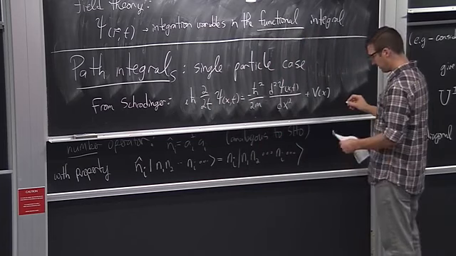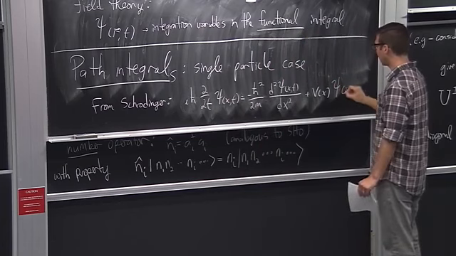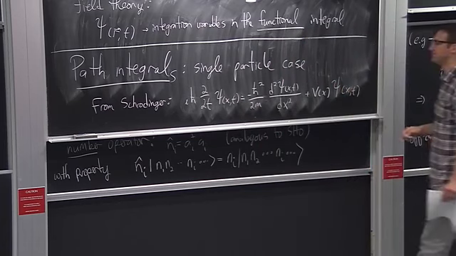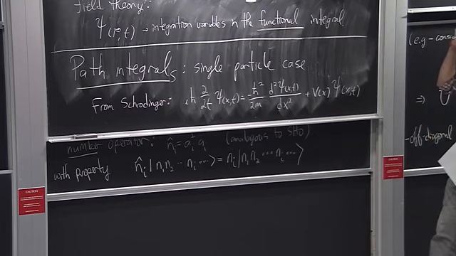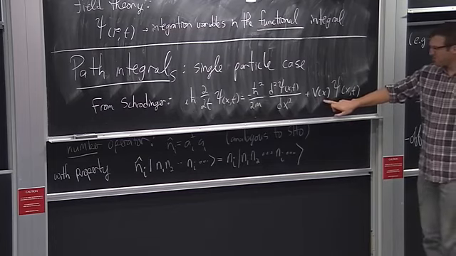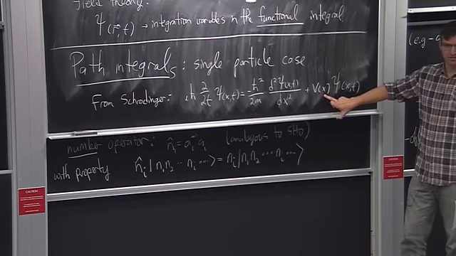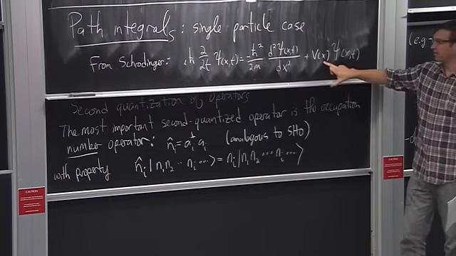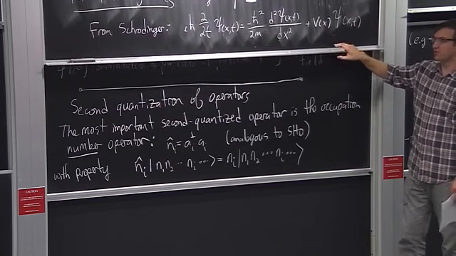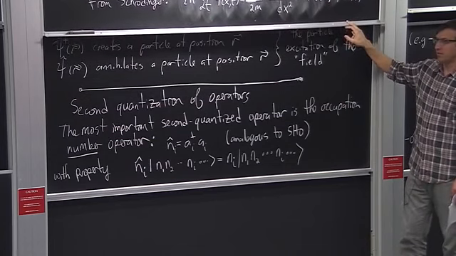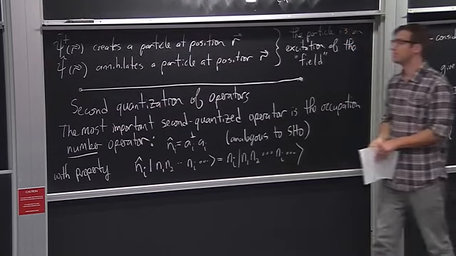On the right-hand side, I just have the Hamiltonian. And if the potential here is not time dependent, right, then we can write the time independent Schrodinger equation, and we can write the time evolution operator.